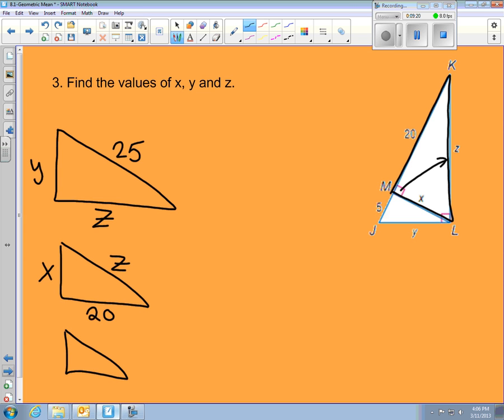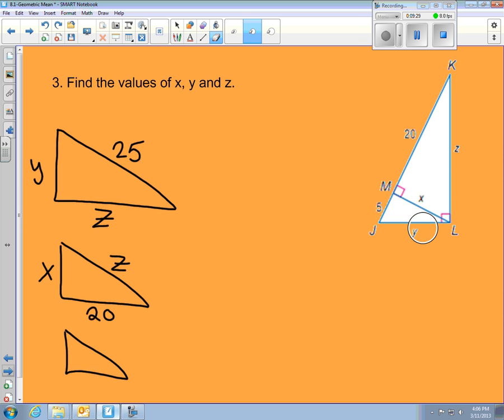So our short legs are different, our hypotenuses are different, and our long legs are different. All right, so now let's take a look at our small triangle. If this is a 90-degree angle here, we know this one is too. So directly across from it, that's our Y, is our hypotenuse. Our short leg is 5, and our long leg is X.